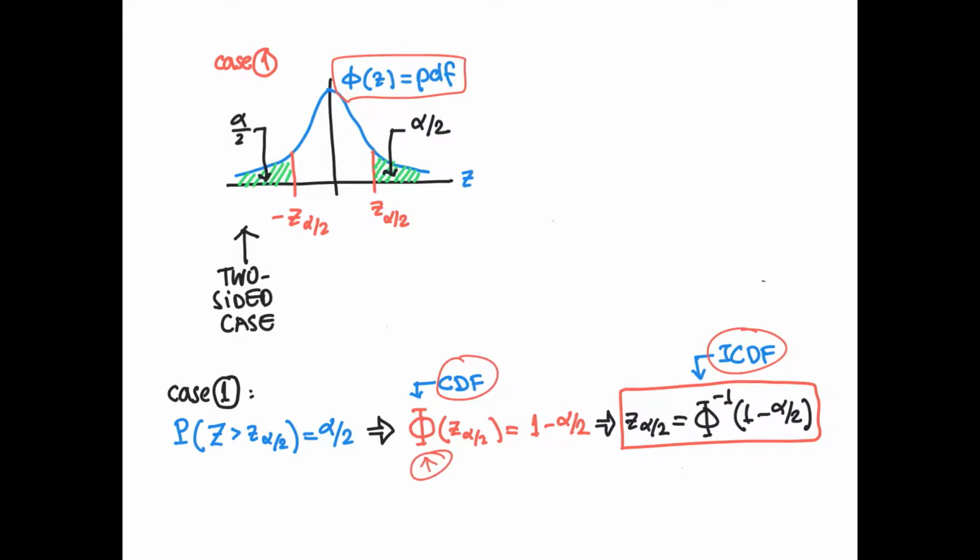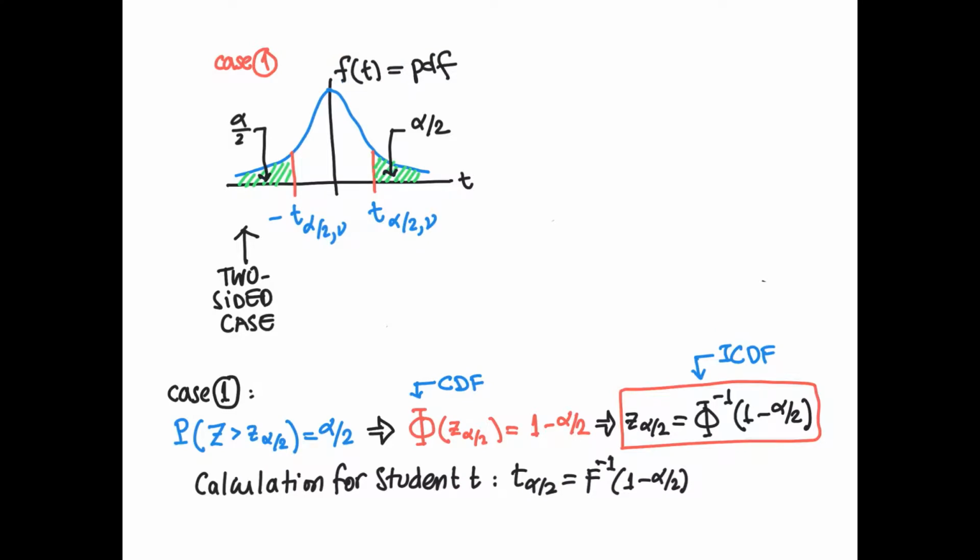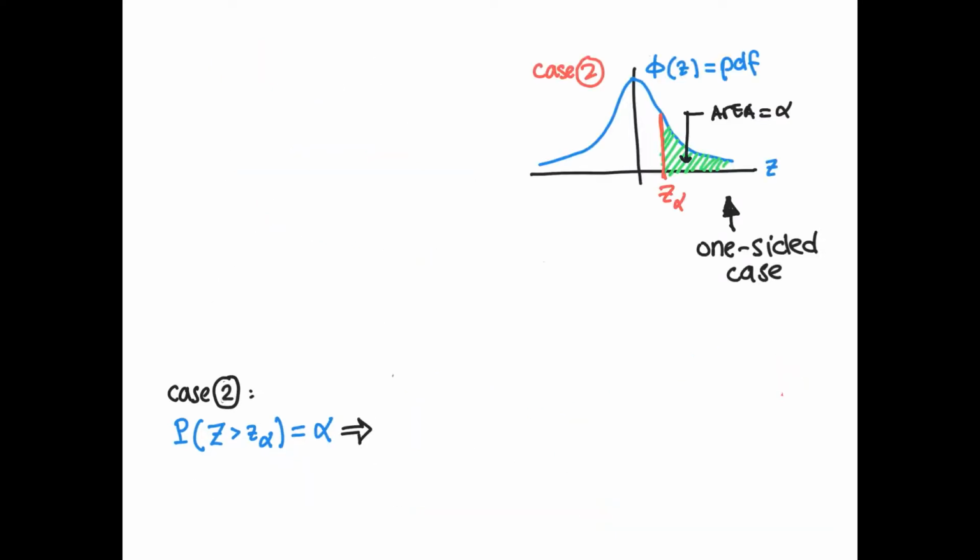So here we will be taking the inverse cumulative distribution function of the z distribution. And in a similar fashion for the student t, we're going to use an inverse distribution of the student t distribution, but the concept will be similar. We're looking for a certain value of t sub alpha over 2, so that the probability to the right is alpha over 2.